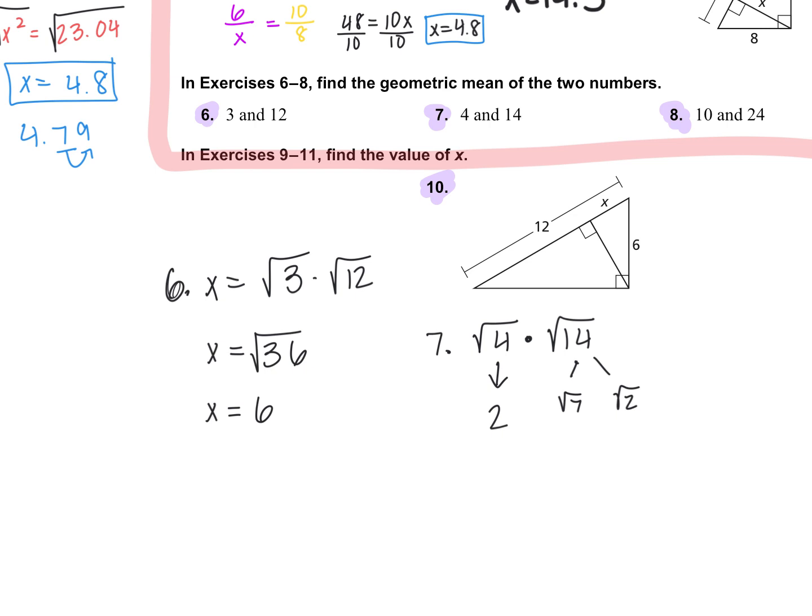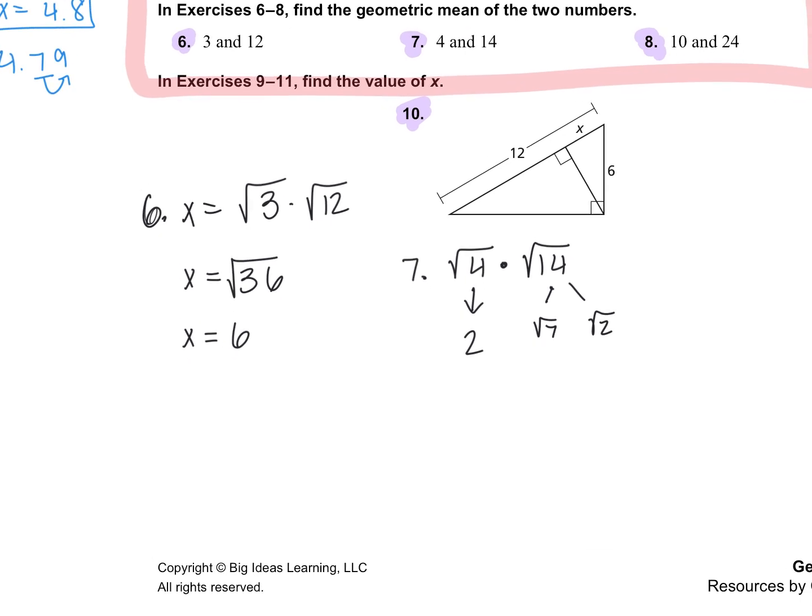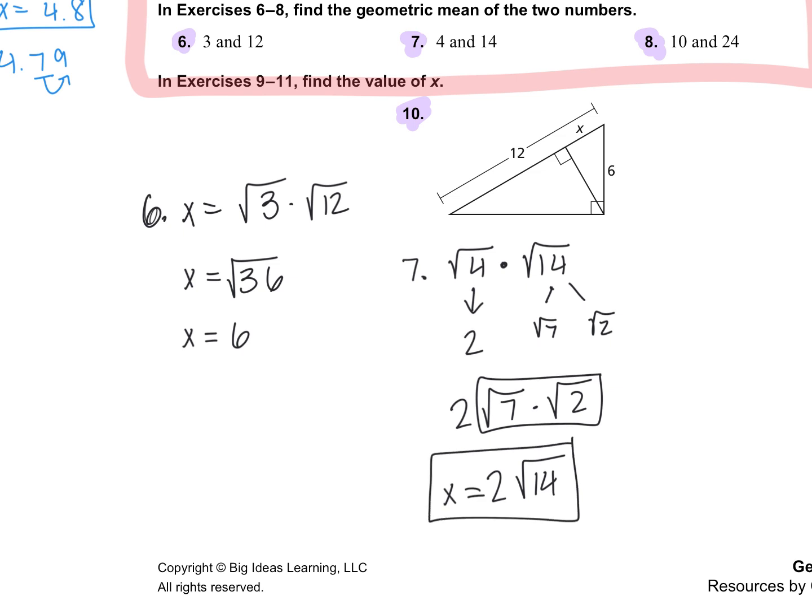Can I simplify my 7 and my 2? No. So your answer would be 2 radical 7 times radical 2, which you can combine. It'll just be 2 times the square root of 14. And that's your answer.